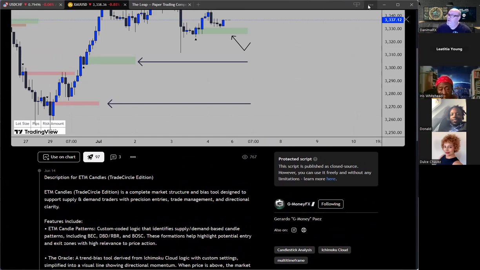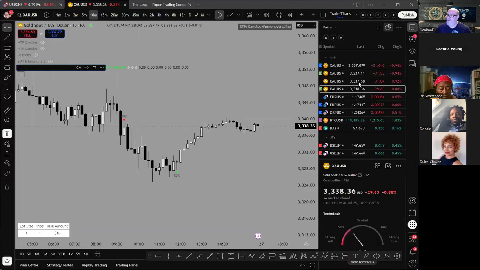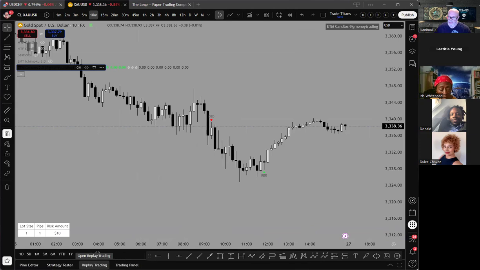Found it. When in doubt, Google stuff, look around. You'll usually find it. So let me share that in the group chat as well, if you need that link. There you go. Now you can go out and get the script for that ATM candlesticks.